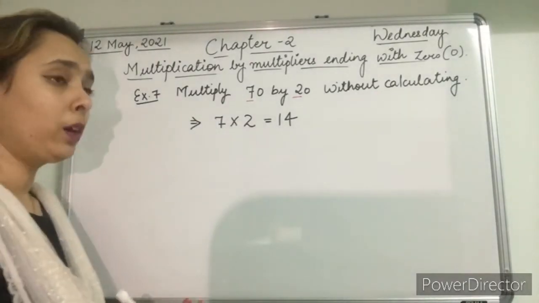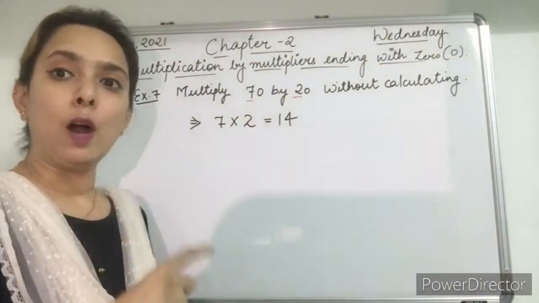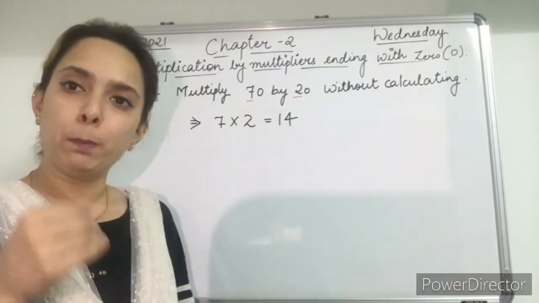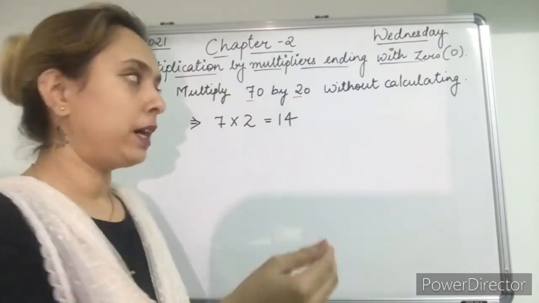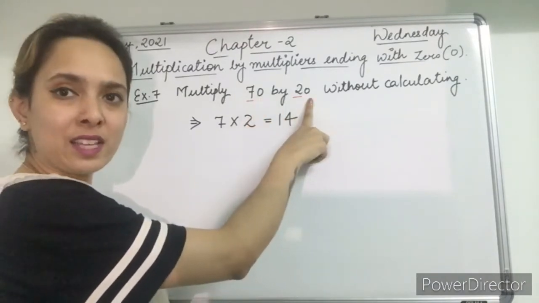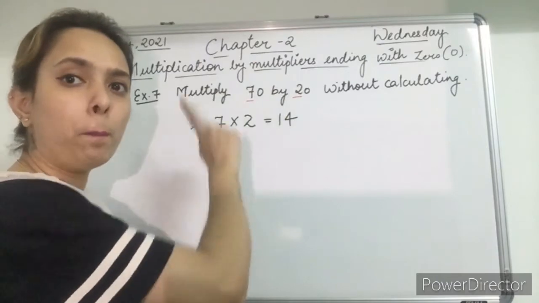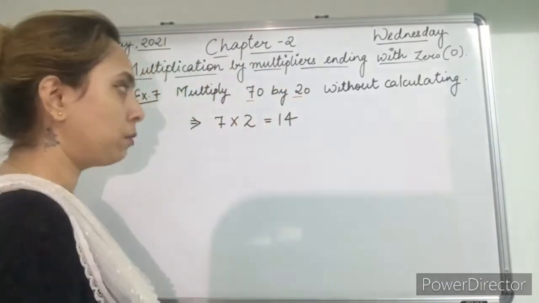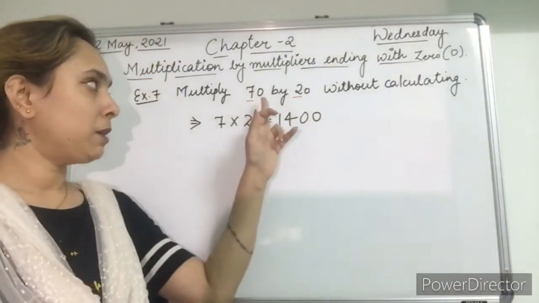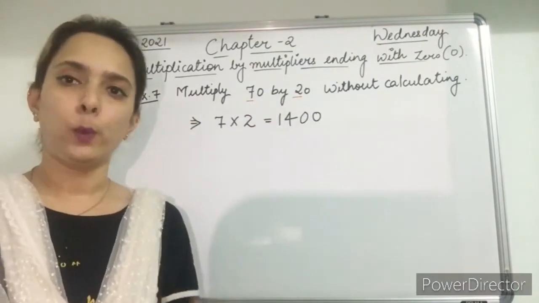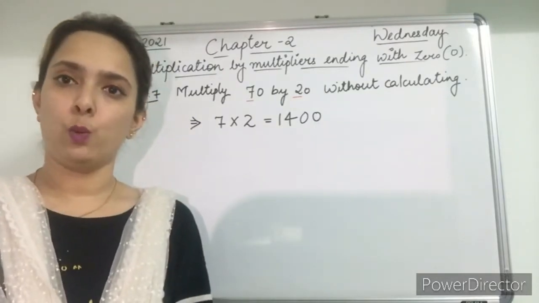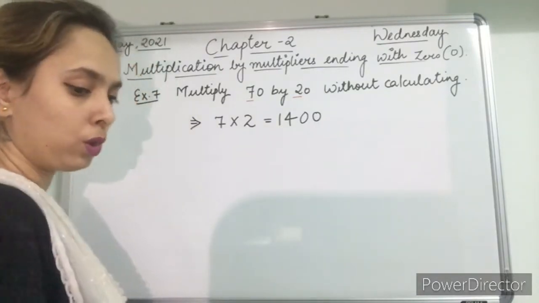Now we count all the zeros in the question, from the multiplicand and from the multiplier. The multiplicand has 1 zero and the multiplier has 1 zero, 1 plus 1 means 2 zeros. So simply we add 2 zeros in the answer. So 70 multiplied by 20 is 1400. In this way we will learn to do solutions.